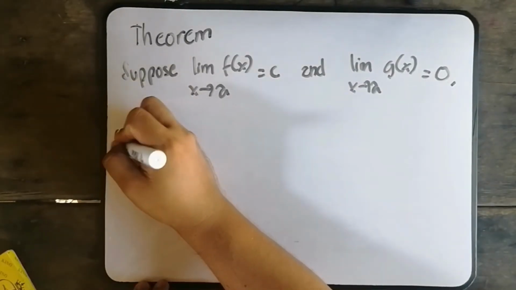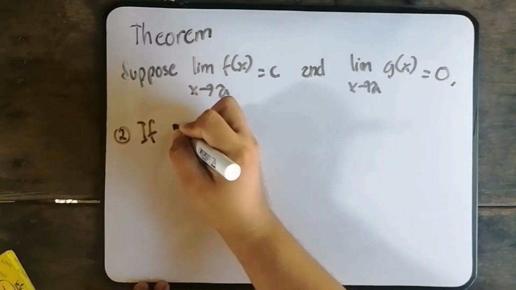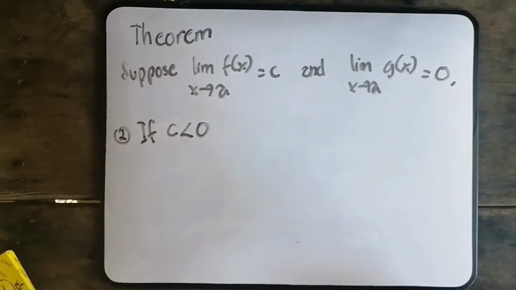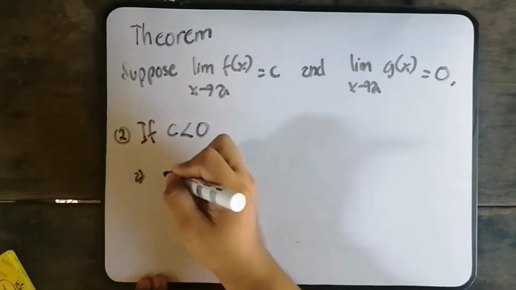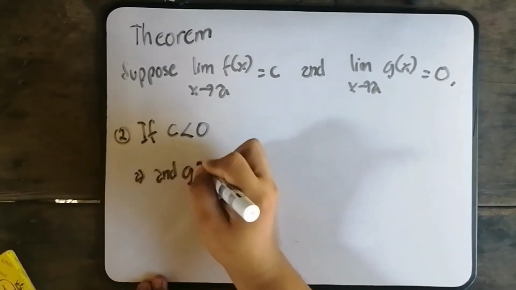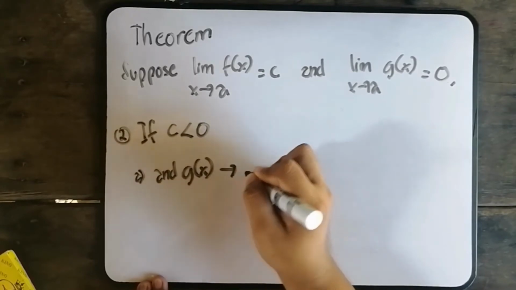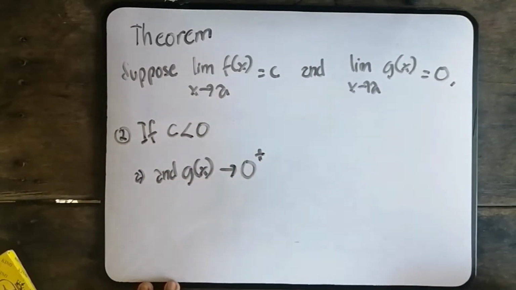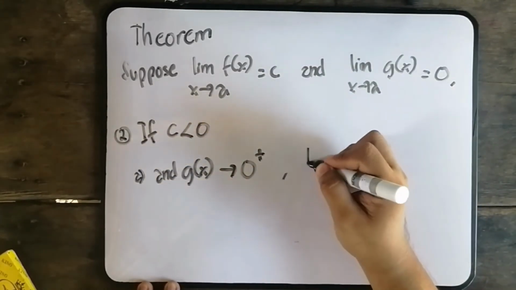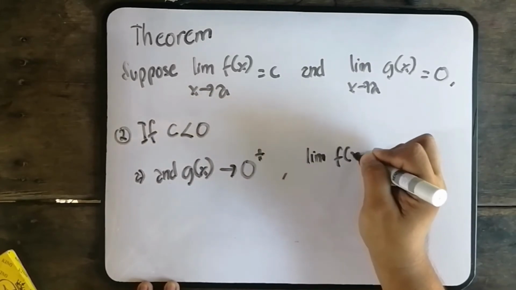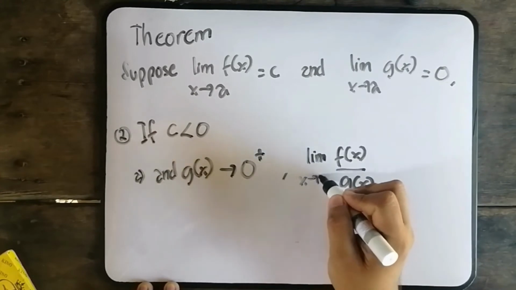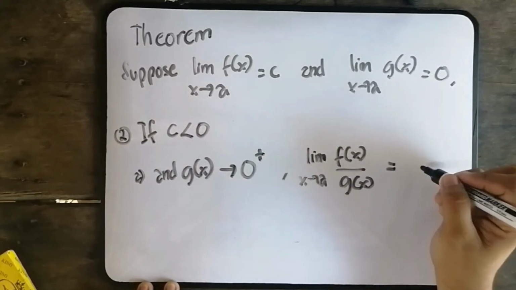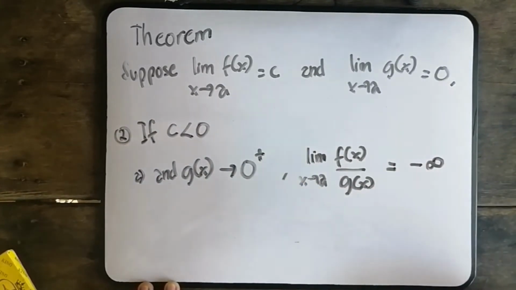On the other hand, if our c is less than 0, meaning negative yung makukuha nating limit dito, and g of x approaches 0 passing through the positive values, then the limit of f of x over g of x as x approaches a is equal to negative infinity.